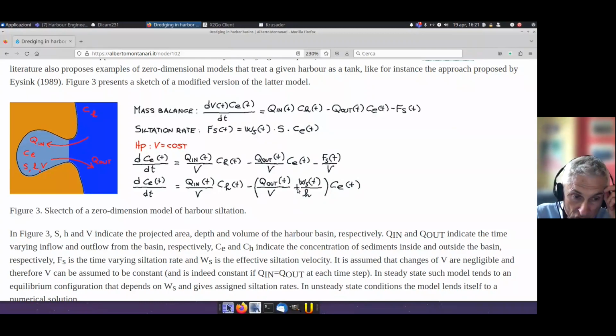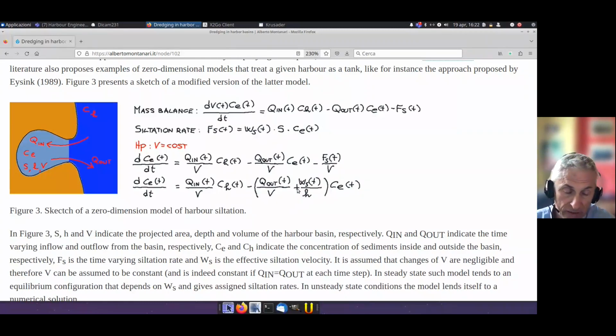We get that the change in inside concentration is given, on the right-hand side, by the inflow divided by volume, which multiplies the outside concentration, minus the outflow divided by volume times the inside concentration, minus the time varying siltation rate divided by the volume.